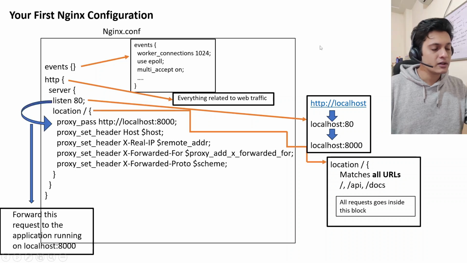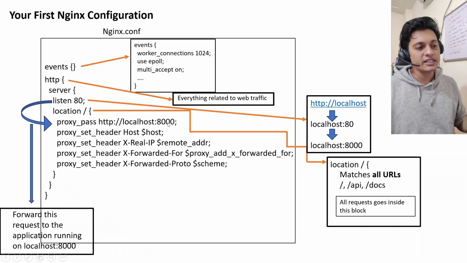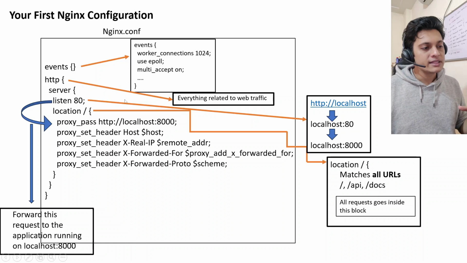Okay, fine. Now let's talk about how it is mapping localhost 80 to localhost 8000 with this line: proxy pass http colon slash slash localhost colon 8000. So this proxy pass goes with this listen 80. Whatever is running on this localhost 8000 is your proxy for the listen 80.